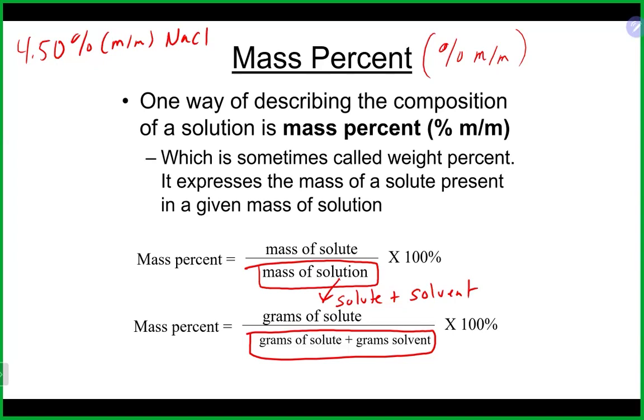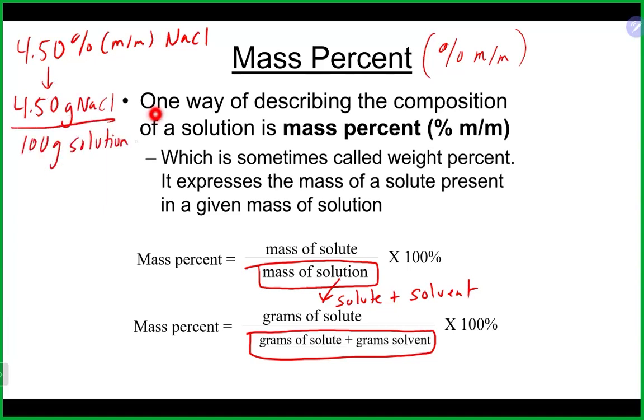And the way I would do that is like normal percentage rules, which is if you have a percentage and you want to turn it into a usable type of number, we usually assume that we have 100 of something. What that does is it keeps the percentage the same number, so you don't have to change numbers or anything like that. So if we take that assumption, we could turn this into a usable conversion factor. And what that would mean is that we have 4.5 grams of sodium chloride in 100 grams of solution.